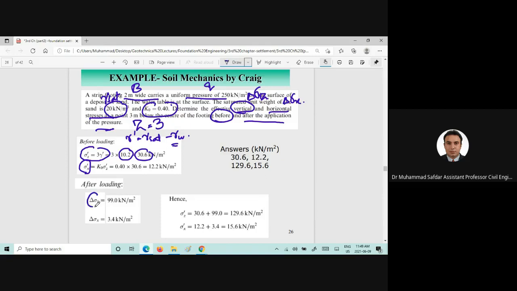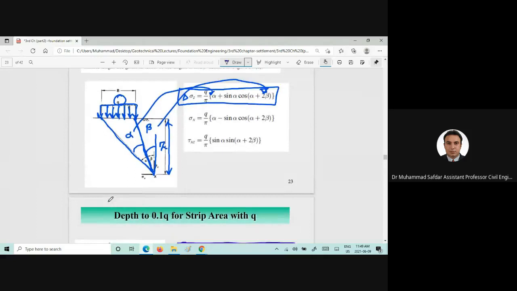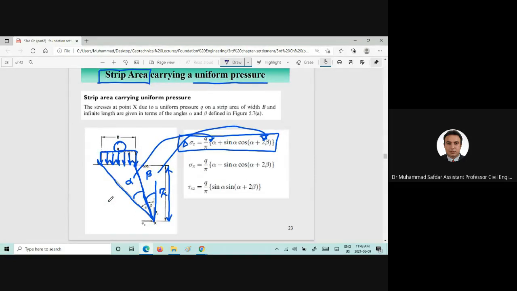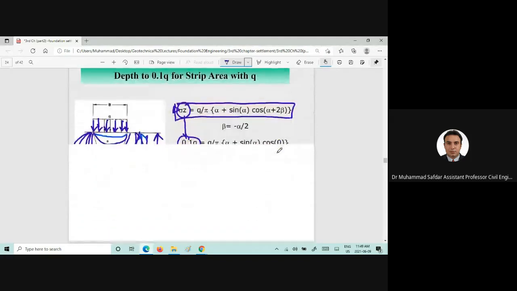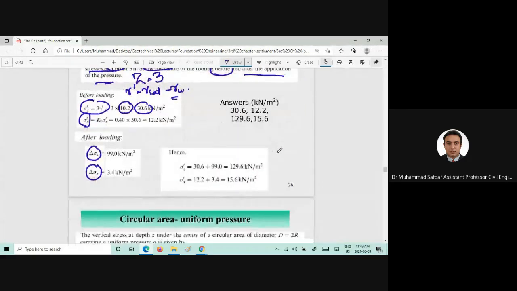Now, in order to find delta sigma Z and delta sigma X, we can use these equations to calculate delta sigma Z and delta sigma X. Then the final stress, sigma prime, would be sigma naught prime plus delta sigma, and again this would be sigma naught prime plus delta sigma.